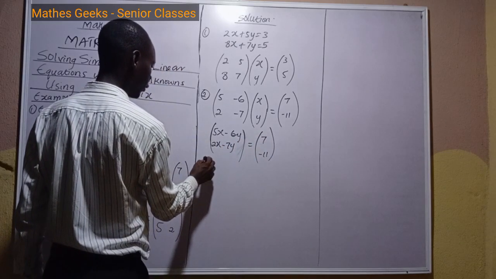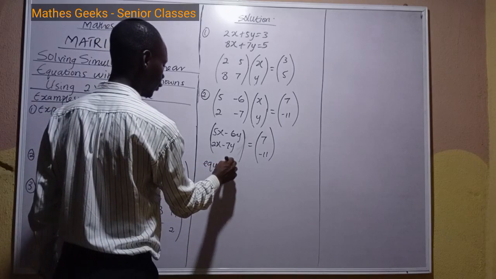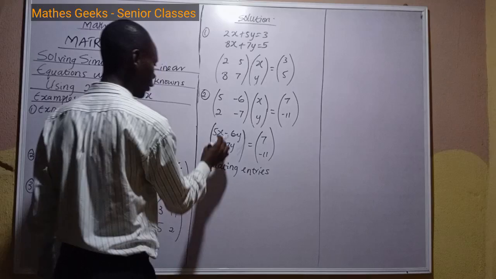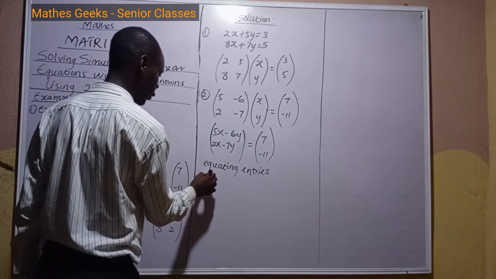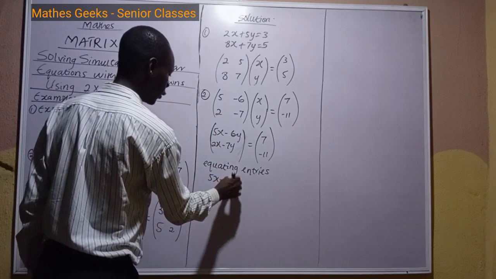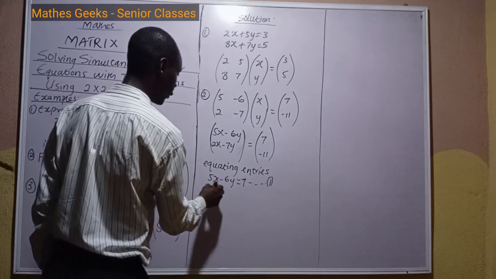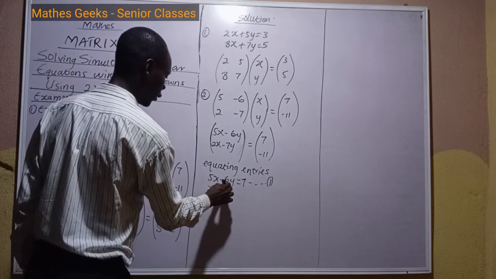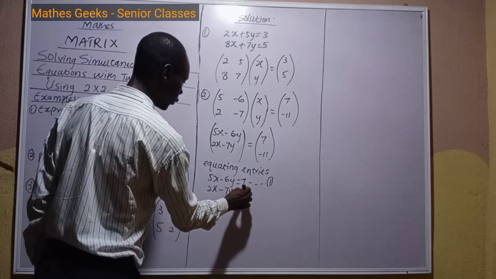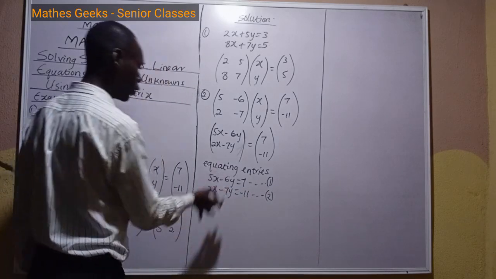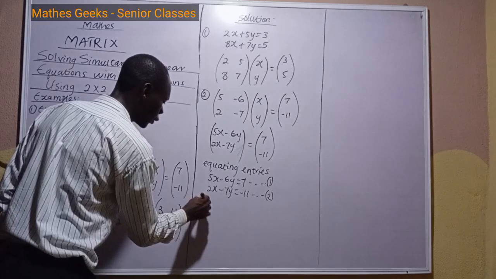Then equating entries, this entry is equal to this entry: 5x minus 6y equals 7, equation 1, and 2x minus 7y equals minus 11, equation 2. So now we have simultaneous equations.